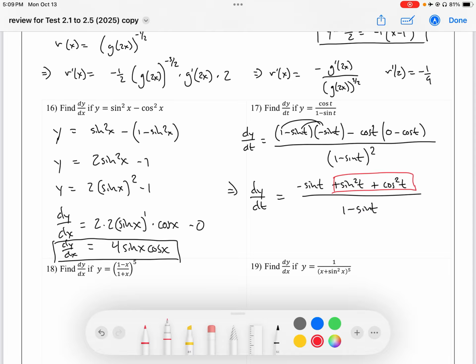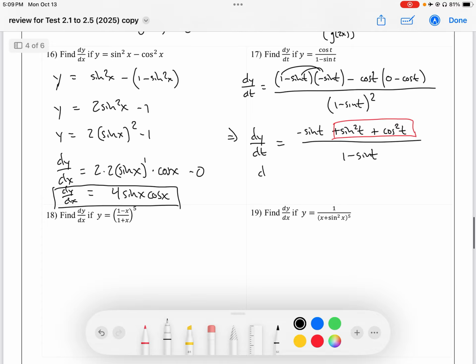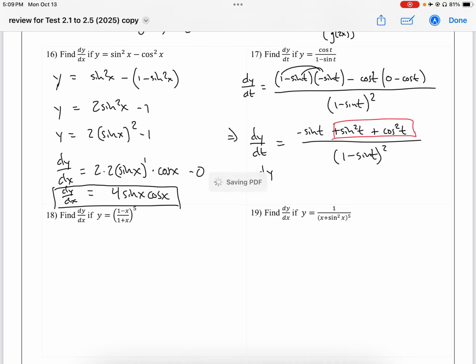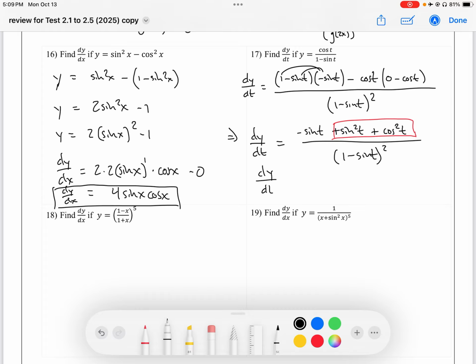So we're going to get dy dt equal to 1 minus sine t, because again, that's 1. So negative sine t plus 1 is the same as 1 minus sine t over 1 minus sine t all squared. You can cancel one of those and get 1 over 1 minus sine t. So that would be your derivative dy dt.